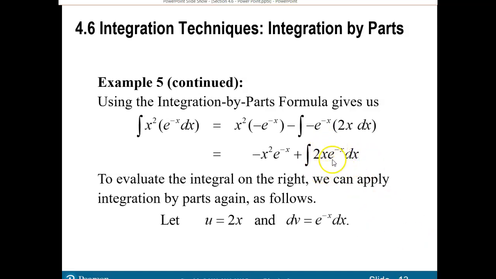So if we're doing this part here, we're going to let u be the 2x and let dv be the e to the negative x dx. So du is just 2dx, derivative of this. dv, antiderivative would be v, antiderivative again, e to the negative x divided by the negative 1.